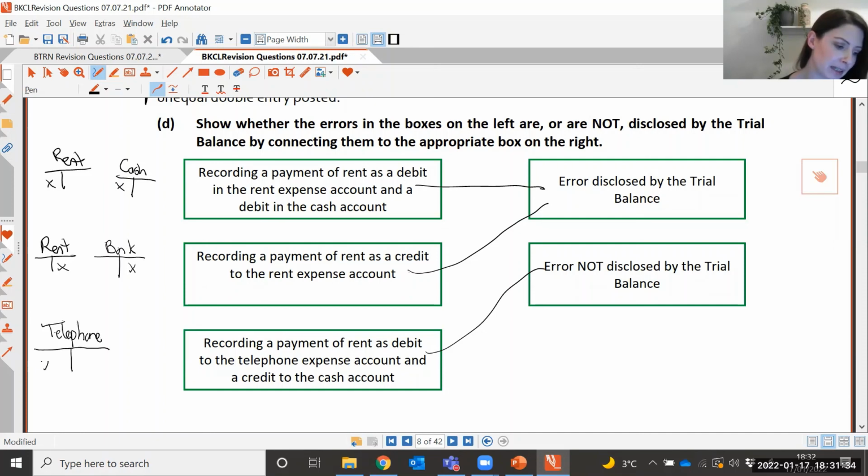So it's an expense account, so it would have been debit and a credit to the cash. So the double entry is right. It's just the account is wrong. They debited the telephone account instead of the rent account, but it's still an equal debit and credit.